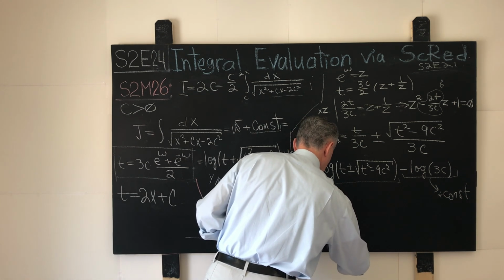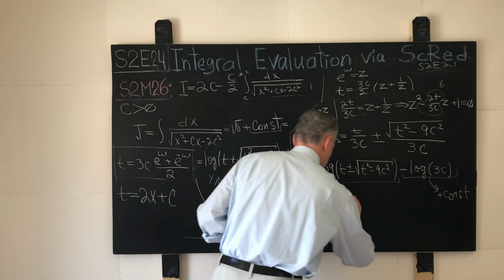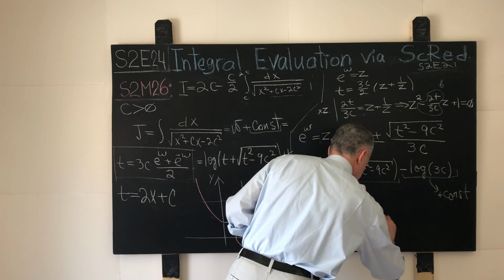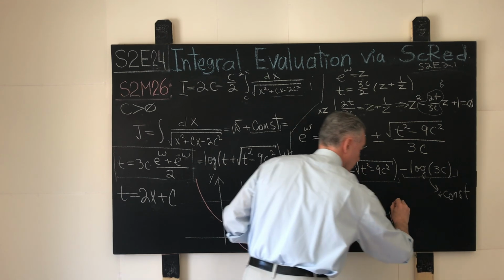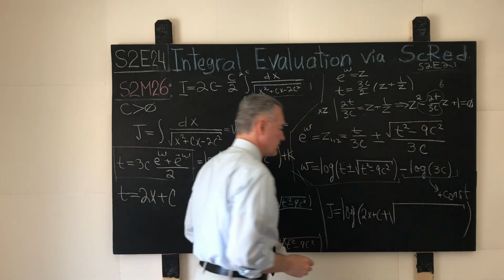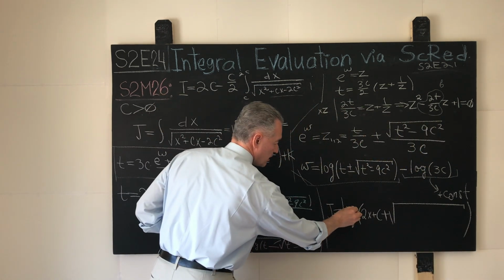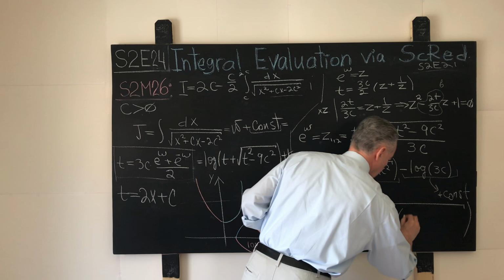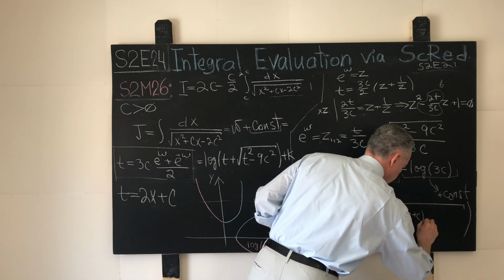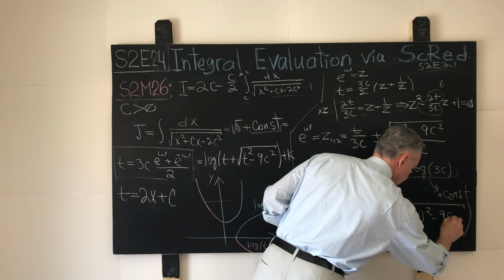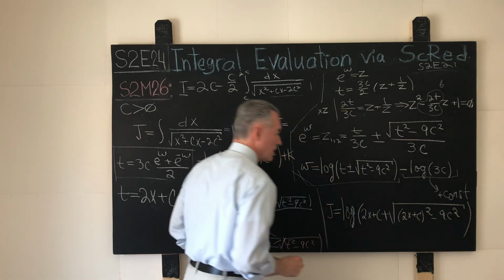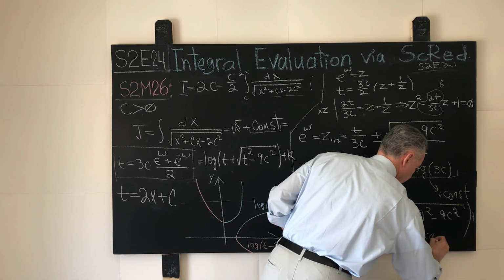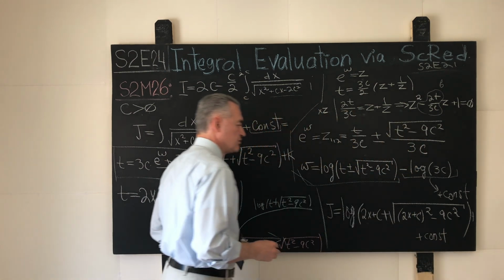The integral j is equal to the logarithm of 2x plus c plus square root of 2x plus c squared minus 9c squared. So now we have plus a constant of integration, of which we do not care about.